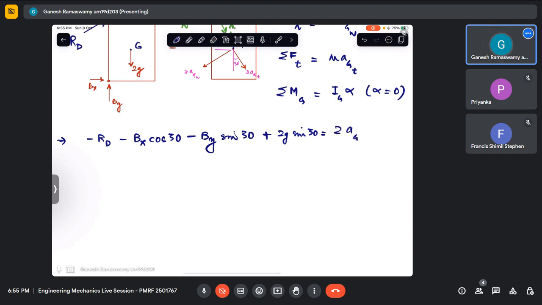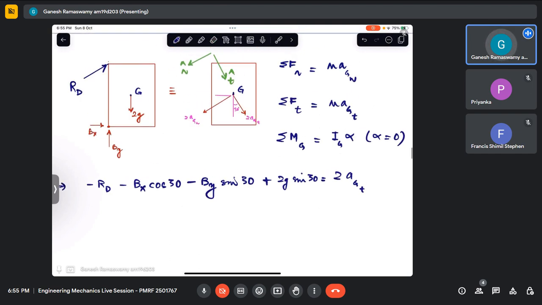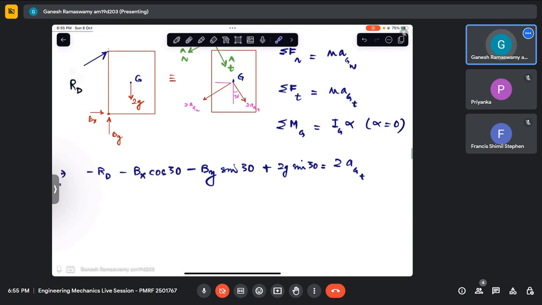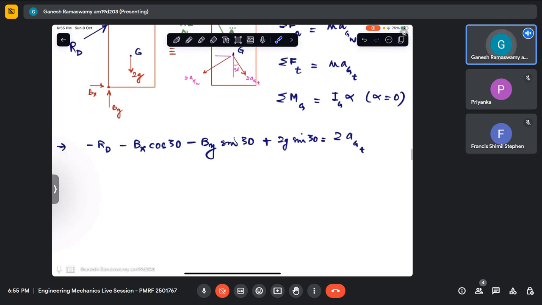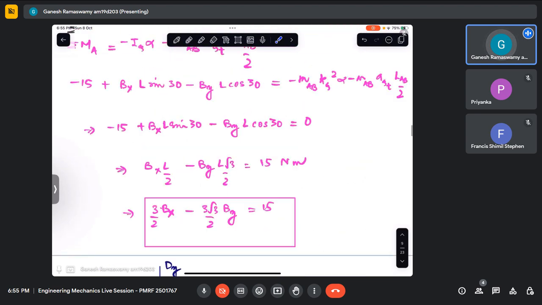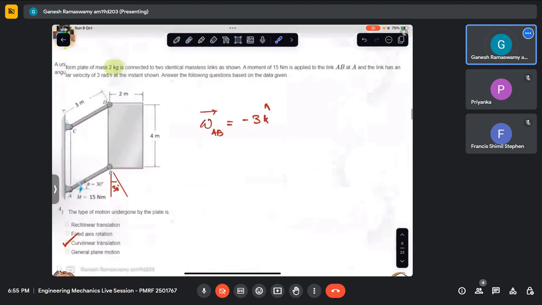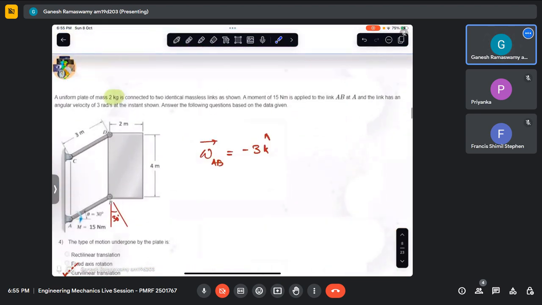2a_g_t. Now we know, since this is undergoing curvilinear translation along a circle, what will this component be? Acceleration component. It is nothing but centripetal acceleration, which is m omega squared r. So what is omega? Omega is given in the question to be 3.